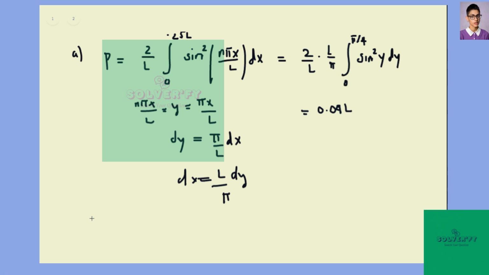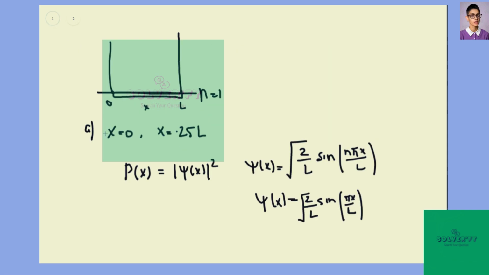Now similarly we can do the calculation for the next part, which is between x equal to 0.75 L and x equal to L. Now before we start doing all the calculations, let us realize that 0.75 L to L isn't this similar to x equal to 0 to 0.25 L, because x is equal to 0 and x in this case is L over 4.